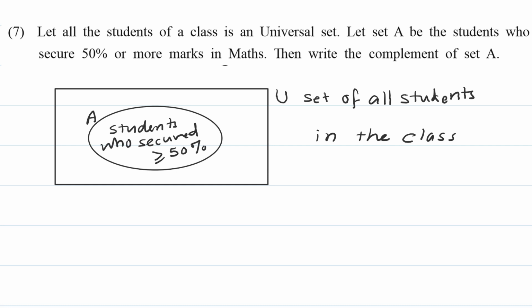And set A is the set of students who secured more than or equal to 50% marks in maths. Then what is the complement of set A? The complement of set A is the set of all students in the class who secured less than 50% marks.